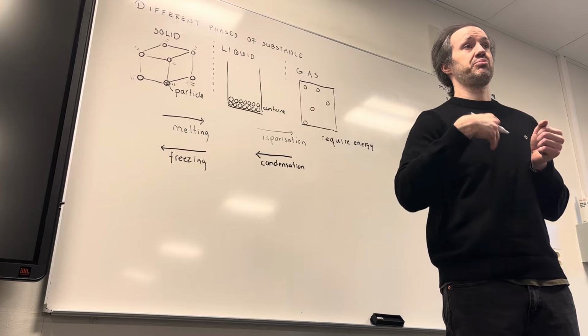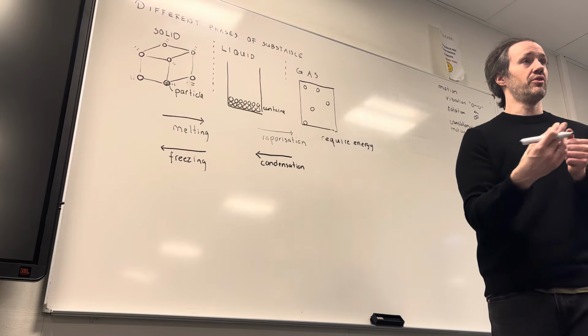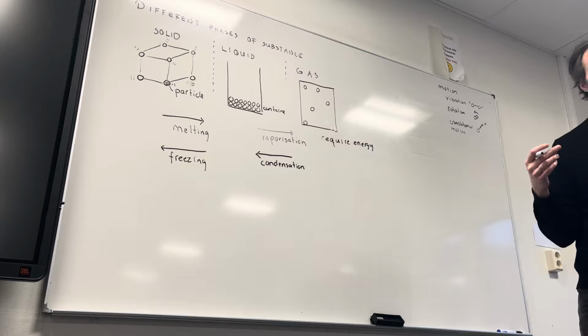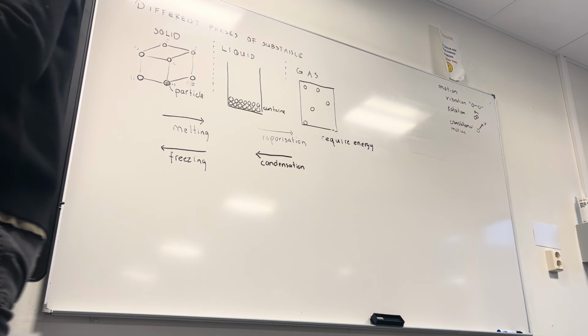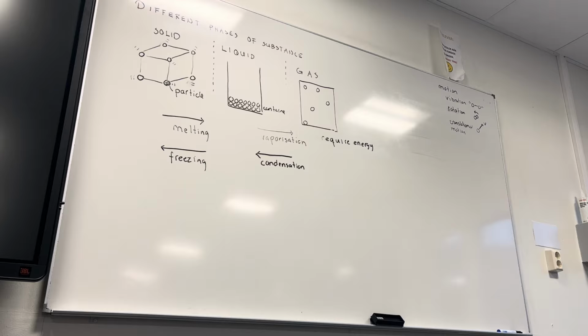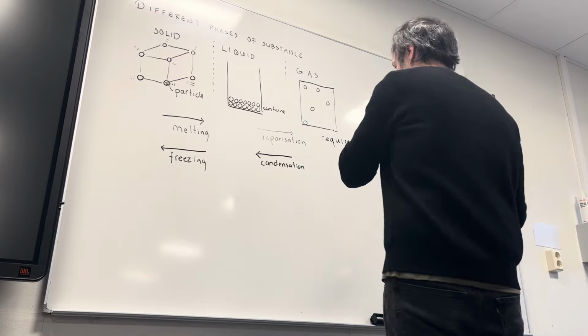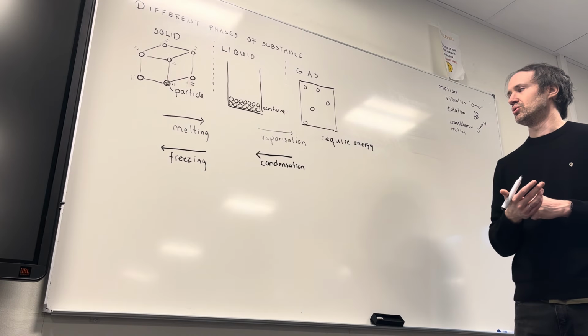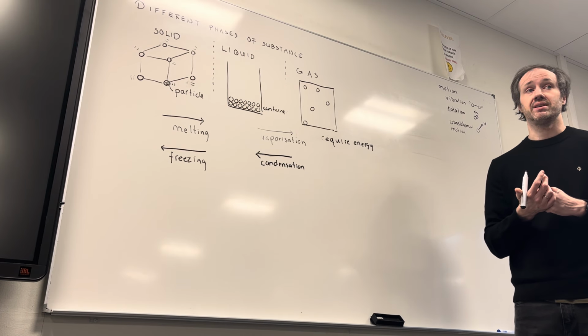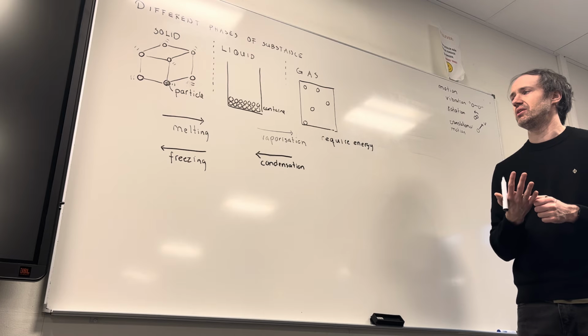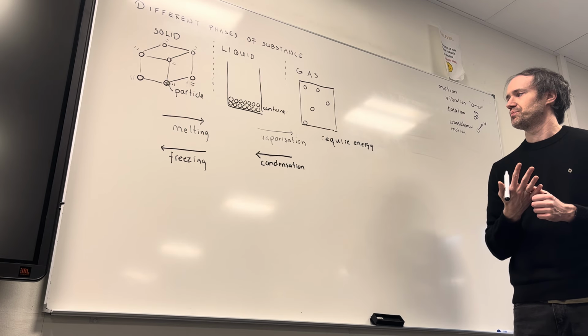You have to provide energy for it to melt. If you put an ice cube on this desk, the surroundings will provide the energy needed to melt it. But you do require energy to melt or vaporize something at melting temperature and at boiling point.